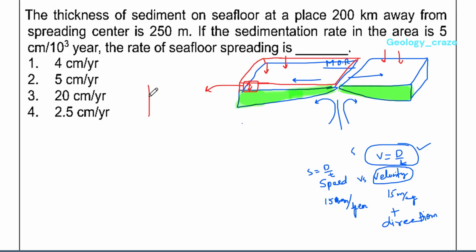Suppose these are the sediments that got deposited. Just mention what kind of sediments these are. I will add one more question. My question is: option A, pelagic sediments.